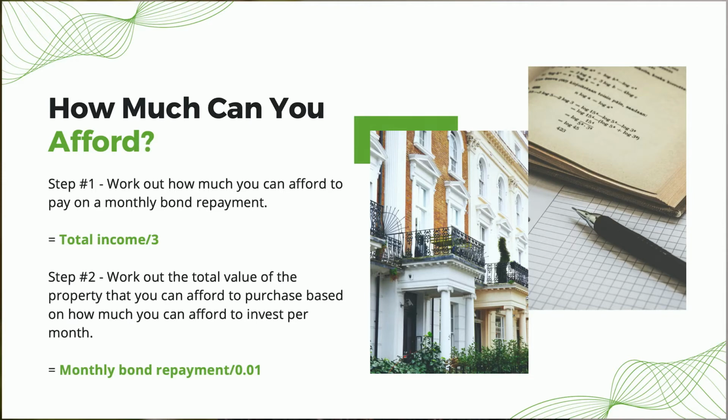As a rule of thumb, usually you would qualify for a home loan that has a bond repayment that is a third of your income. Then, based on what that number is, you can work out the total value of the property that you can afford to invest in by dividing it by 0.01, since your monthly bond repayment is usually around 1% of the total property value.